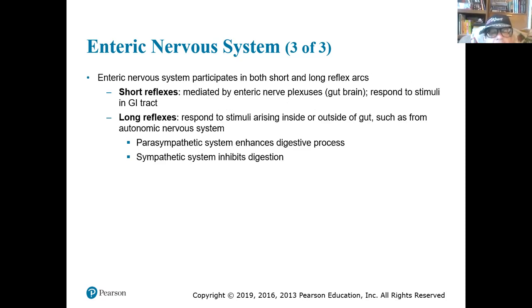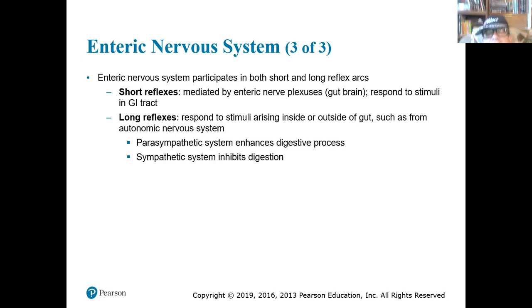The enteric nervous system participates in short and long reflexes. Short reflexes are mediated by gut-brain plexuses to respond to stimuli in the GI tract. Long reflexes respond to stimuli outside the gut, meaning from the nervous system, like parasympathetic or sympathetic.